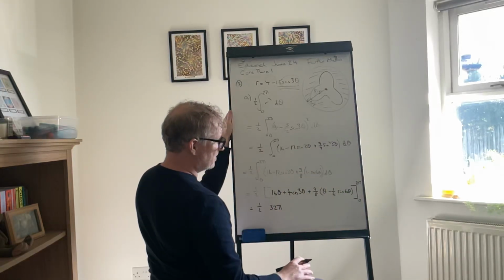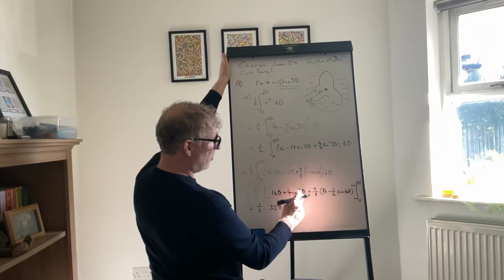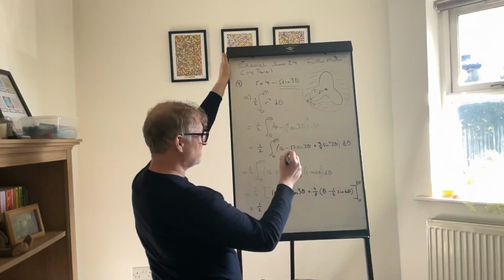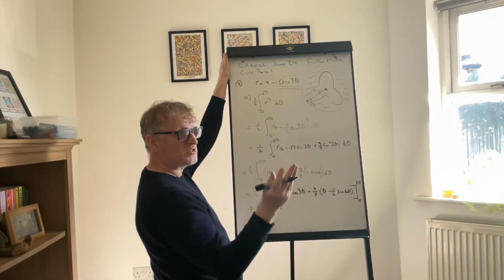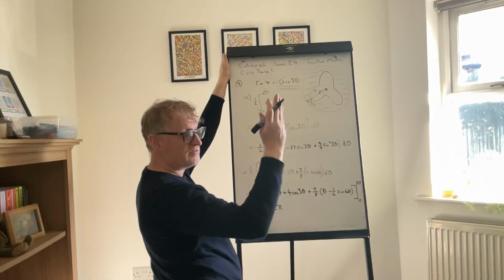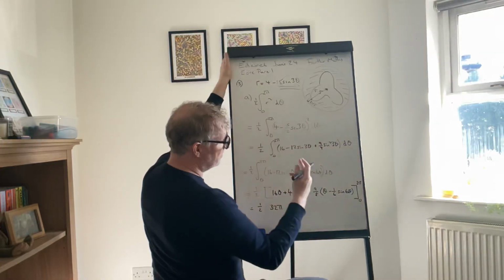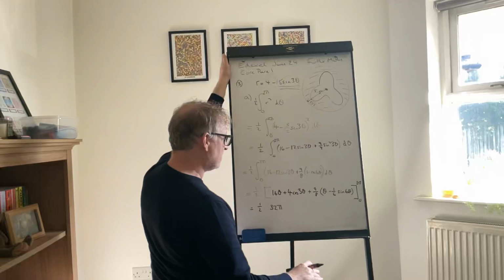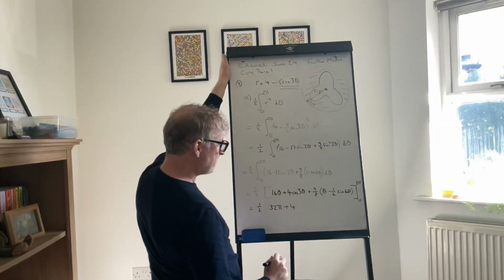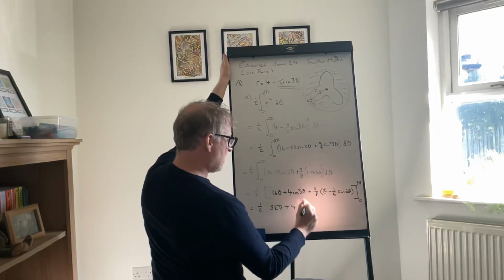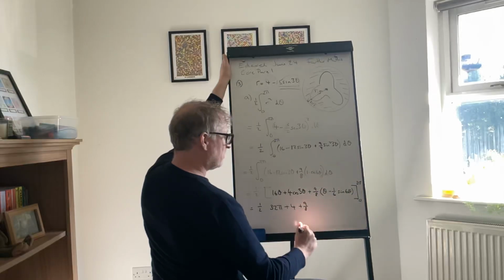Cos 3 theta, so cos of 3 times 2 pi gives cos of 6 pi, and 6 pi going round is basically the same as 0, because every 2 pi is a revolution. You can put these into your calculator if need be. Cos of 0 is 1, so that's just plus 4. Then over here we're going to have 9 over 8 times theta, 2 pi.